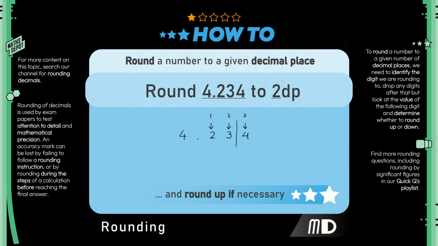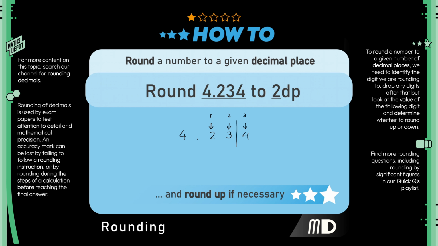We've been asked to round this decimal to 2 decimal places. That means we need to keep everything up to and including the second digit after the decimal point, and remove all of the other digits after that. However, the third digit is important in deciding whether we need to round the second digit up or down.